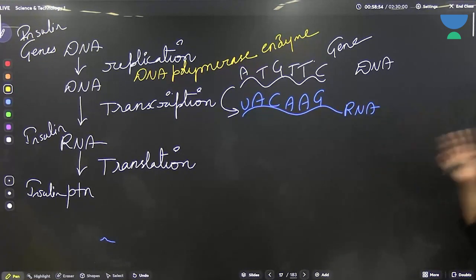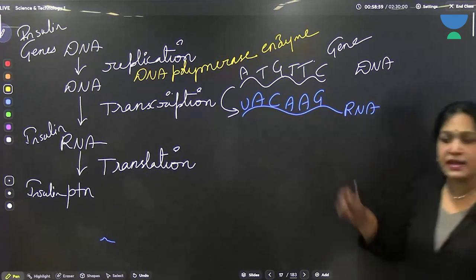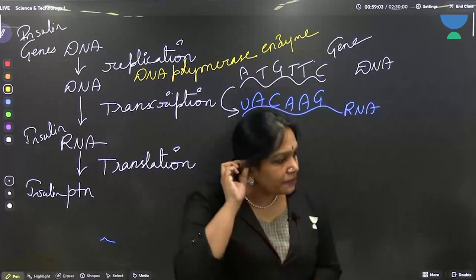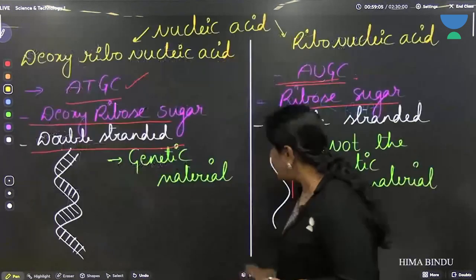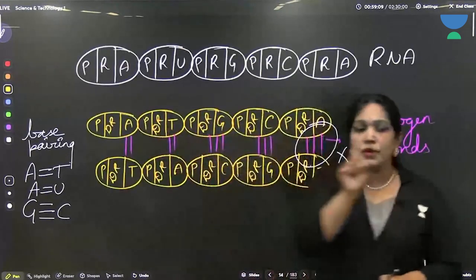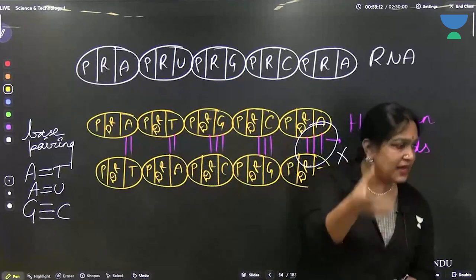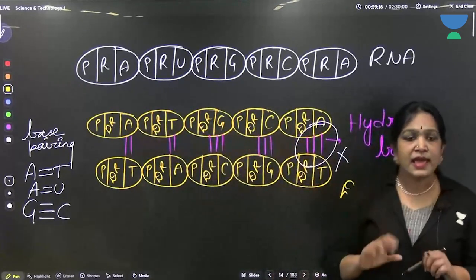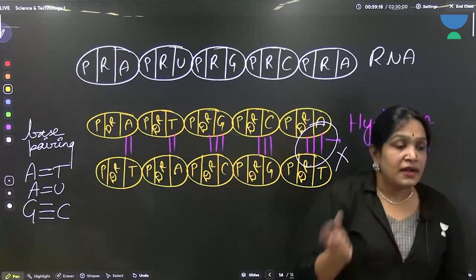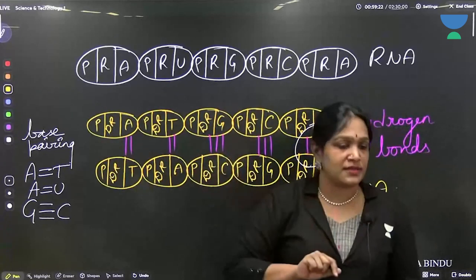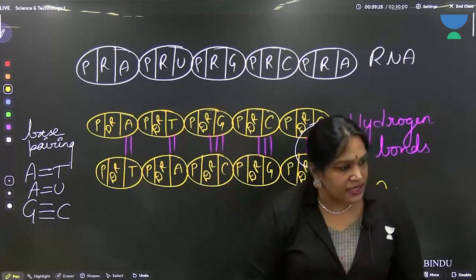But what is the name of that enzyme? DNA polymerase. You can easily remember the name because DNA is a polymer. Do you agree? DNA is basically a polymer, right? Mono means one, poly means many. Polymer means what? Many units. DNA is a polymer. The enzyme that makes the DNA polymer is polymerase, right?